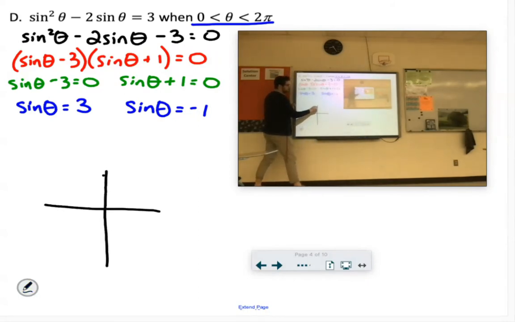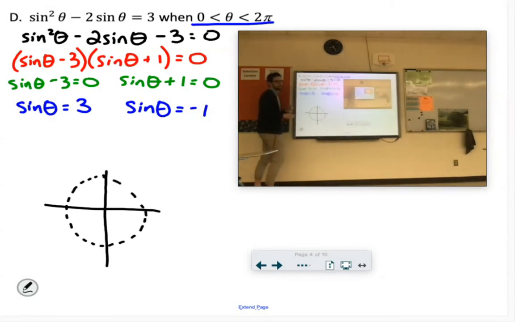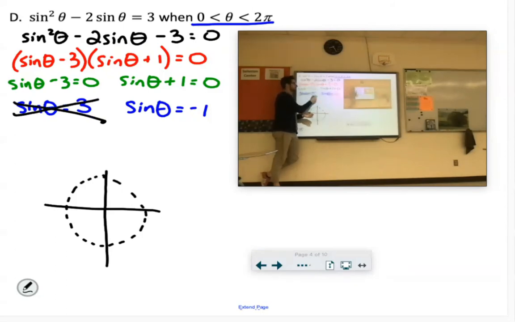Everything is at most 1 away from the center on a unit circle. So they're saying the sine, which is your y, the y coordinate is 3. That would be up here. That's not on the unit circle. So this is not even an option, because it can't be greater than 1 or less than negative 1, because that would go beyond the unit circle.